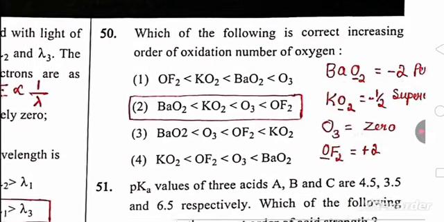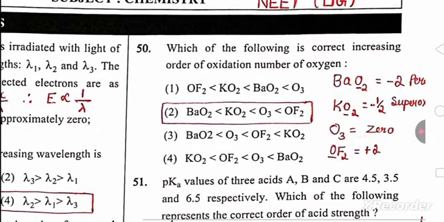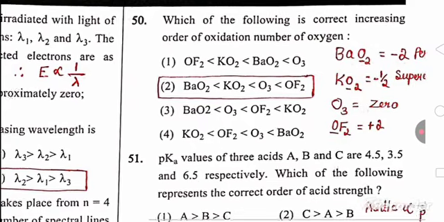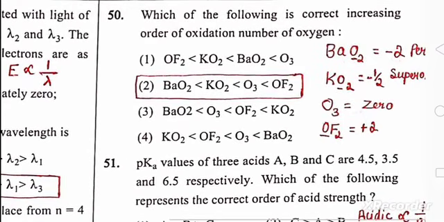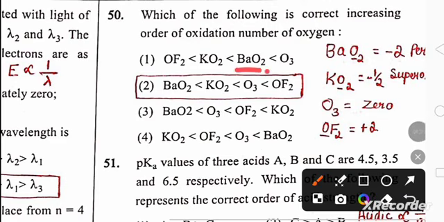So here next question is, which of the following is a correct increasing order of oxidation number of oxygen? So among the given options, in barium peroxide, oxidation number of oxygen is -1. In potassium superoxide, it is a superoxide, and we know in superoxide oxidation number will be -1/2.